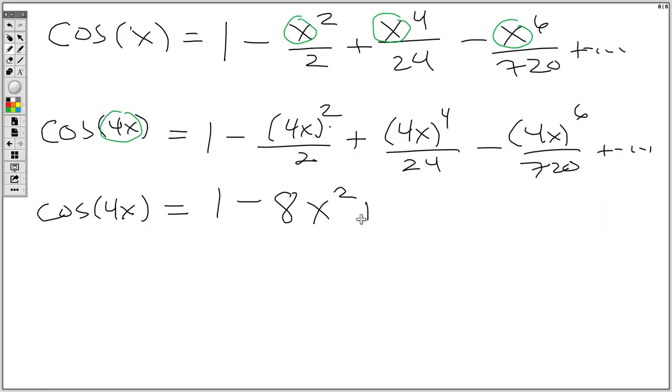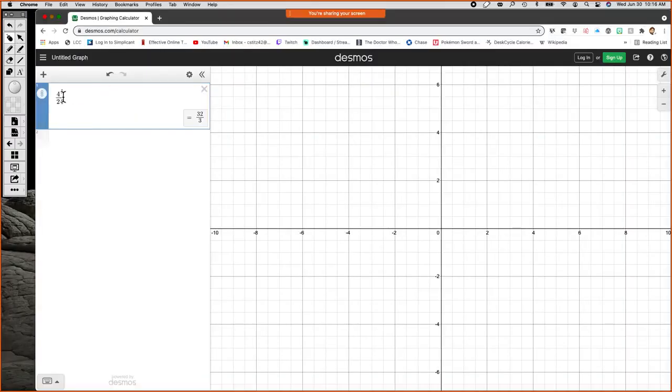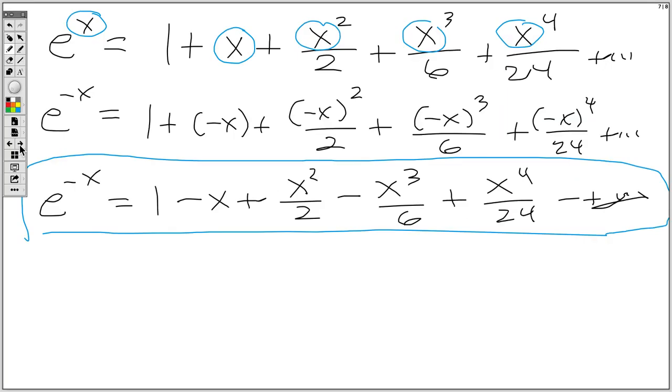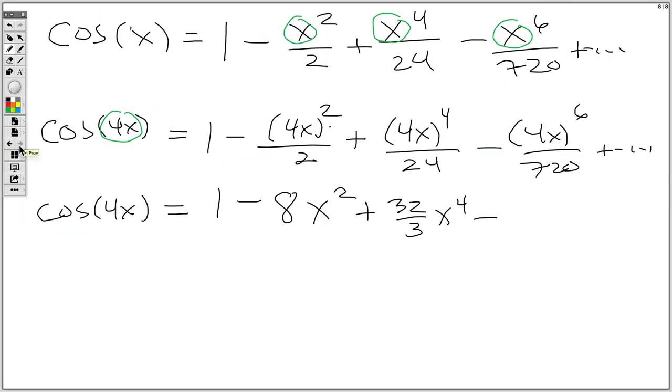So that'd be plus 32 thirds x to the fourth, minus, and then you'd have 4 to the 6th over 720. Once again, lots of cancellation there. And we get 256 over 45 x to the 6th.